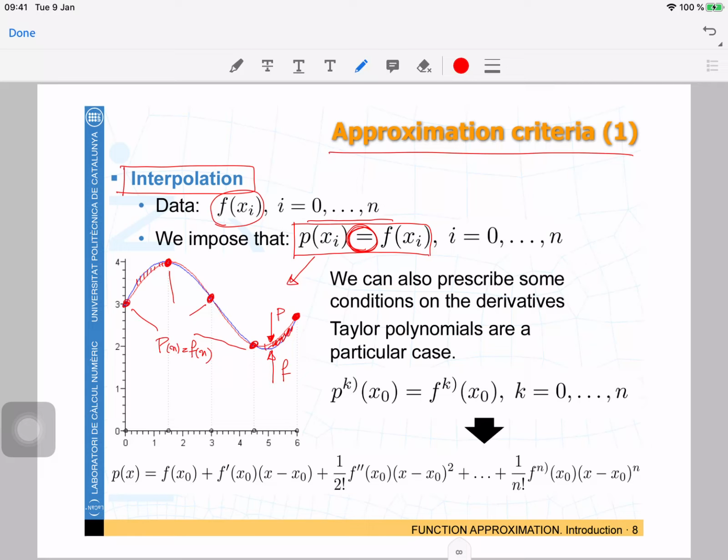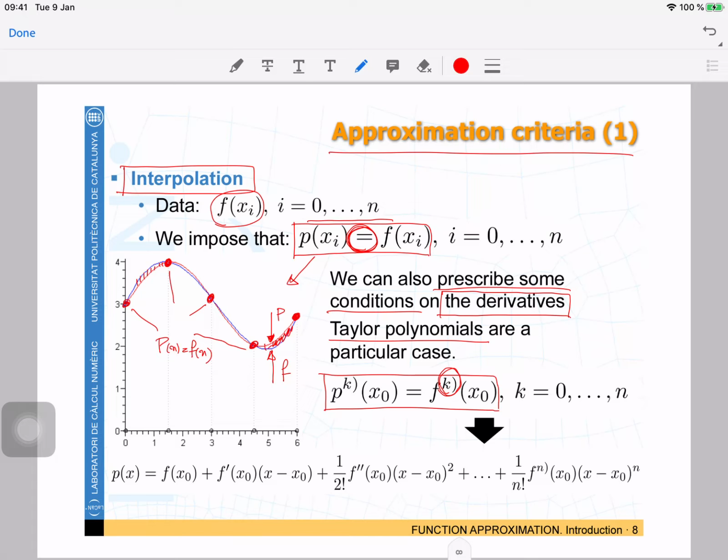We can also prescribe some conditions on the derivatives. In addition to the value of the functions, we also prescribe equality of derivatives. In this case, Taylor polynomials are a particular case which satisfy the equality of derivatives. Here is the equality of derivatives, and this k is the derivative order.